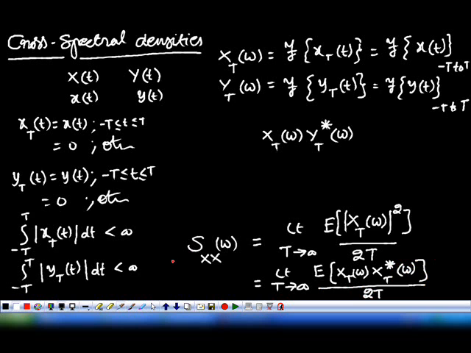Is it right? Because mod a whole square can be written as a into a star.